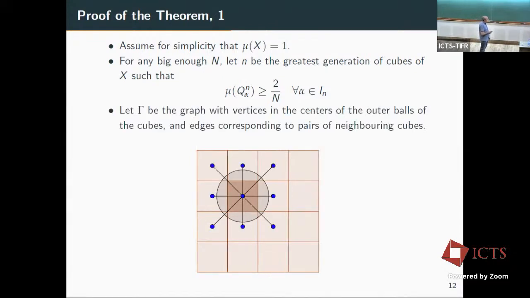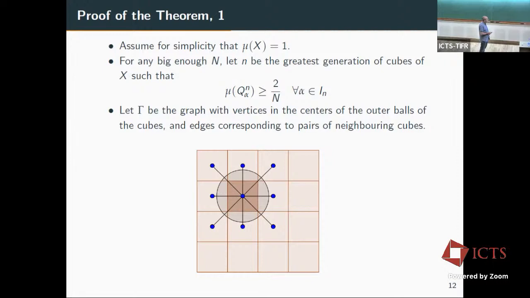Now you take a graph, and this graph has as vertices the centers of the outer balls of each of these cubes. So for example, for this cube, this is the outer ball, this is the center, and you repeat that for every cube.